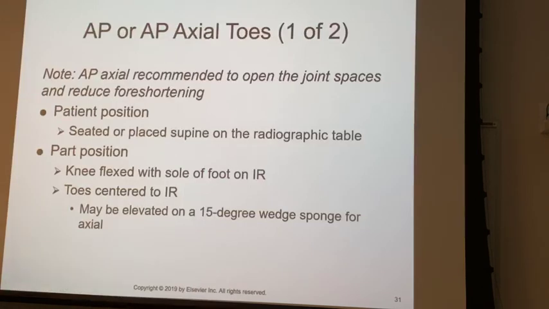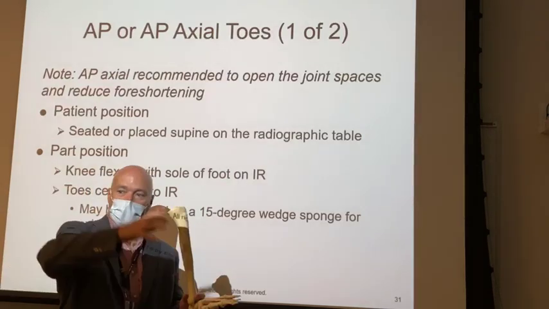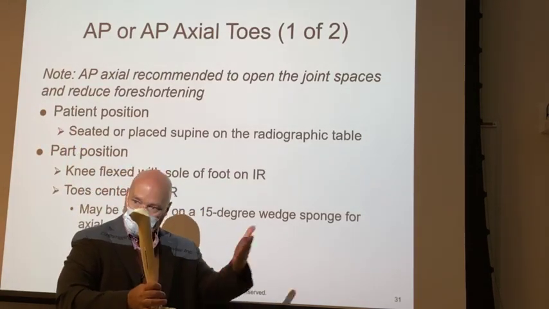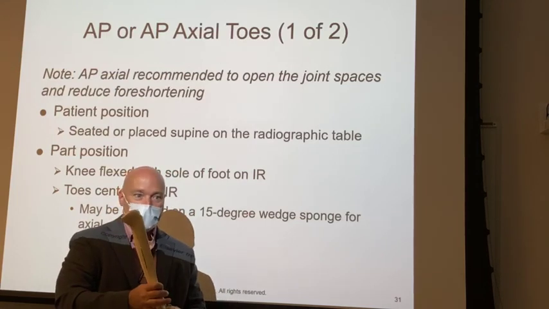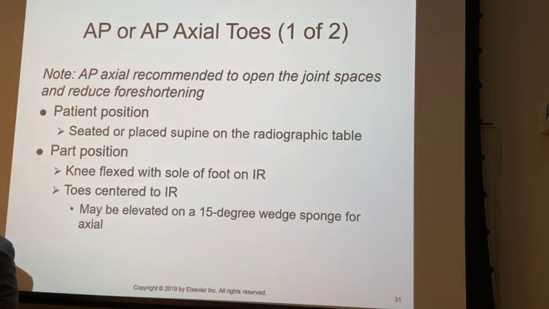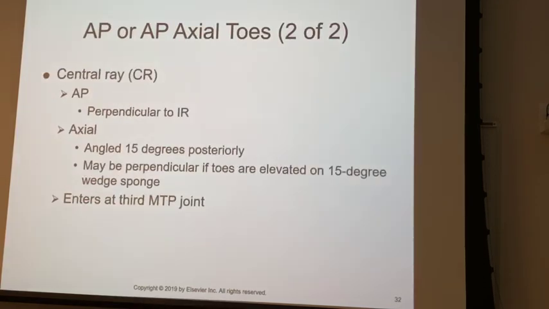Even though the patient's head is up here, this is still considered to be towards the head because it's more proximal. So it's a cephalic central ray angulation. A 15 degree wedge sponge can be used if you happen to be able to locate one, but most of the time you're just going to angle the central ray 15 degrees cephalic.